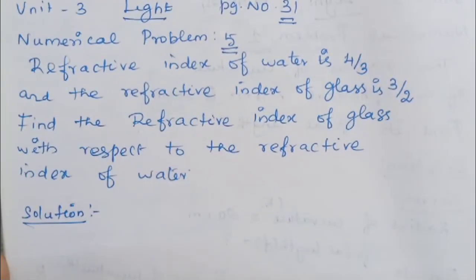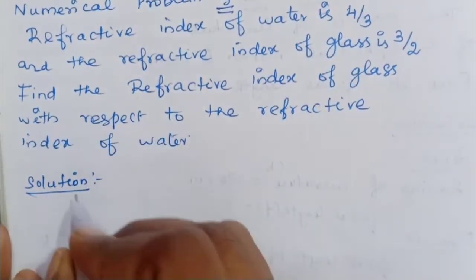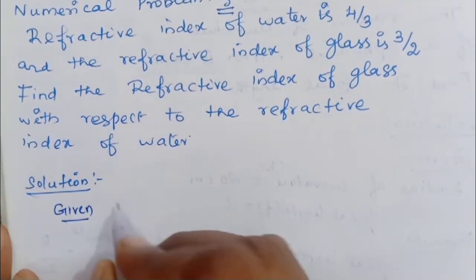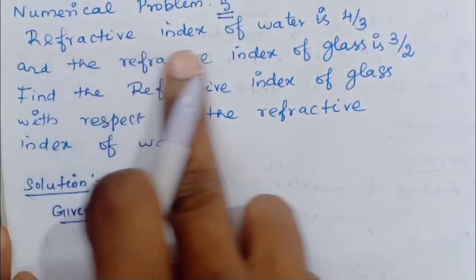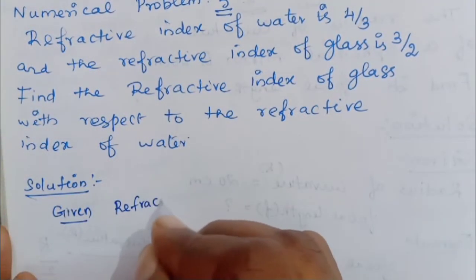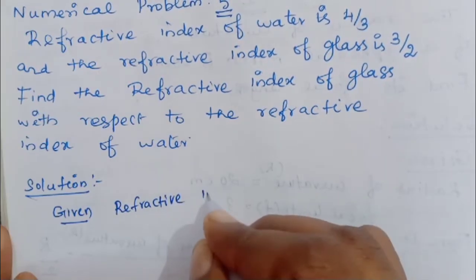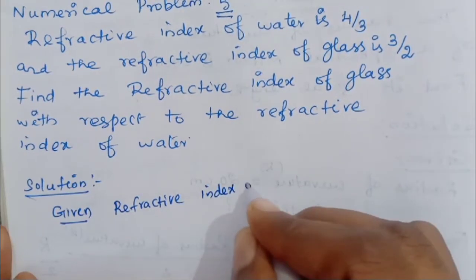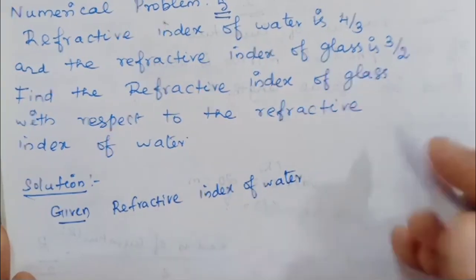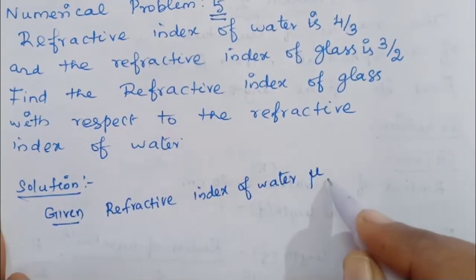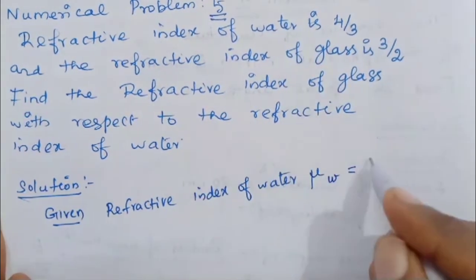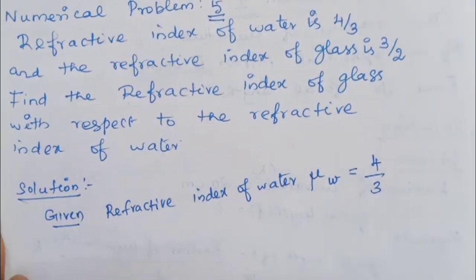So let me move on to the solution. The first step is given. What values are given? Refractive index of water. We all know the symbol for refractive index is mu. So for water we can represent mu W is equal to 4/3. Clear?